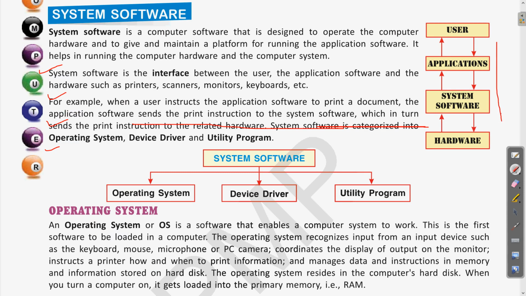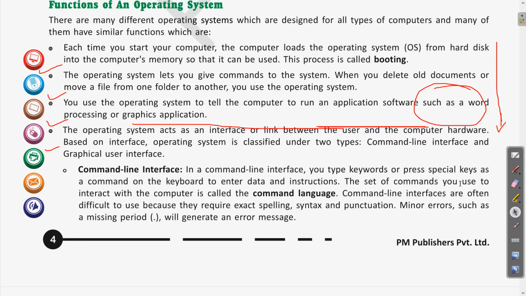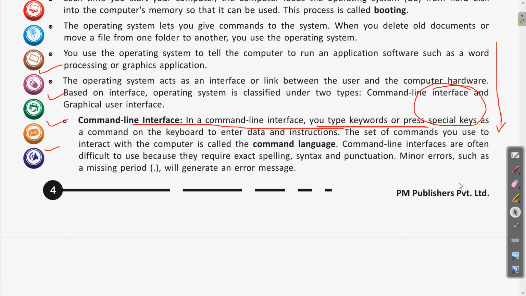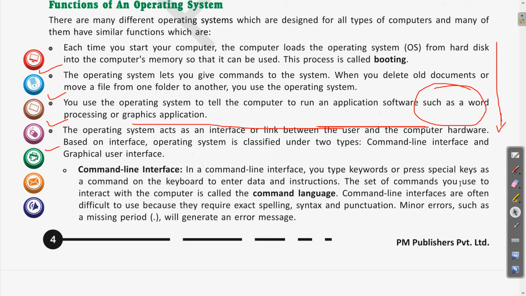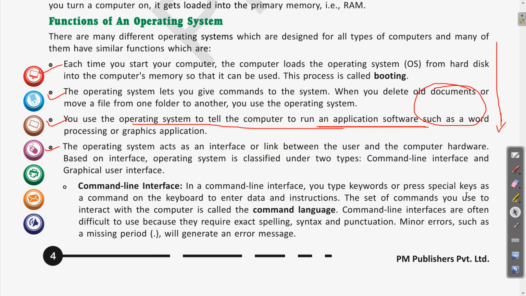User and the hardware. So the system software provides the interface to interact between the user and the hardware. Clear? Let us come back. So we have done till this. The operating system acts as an interface or a link between the user and the computer hardware.